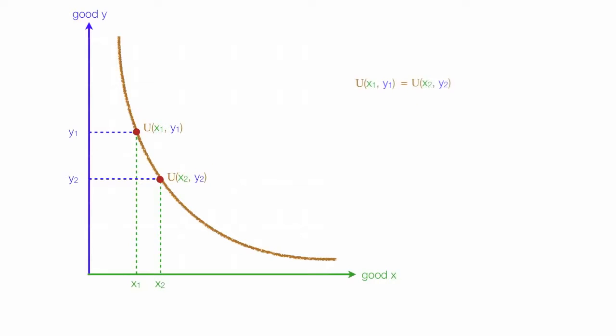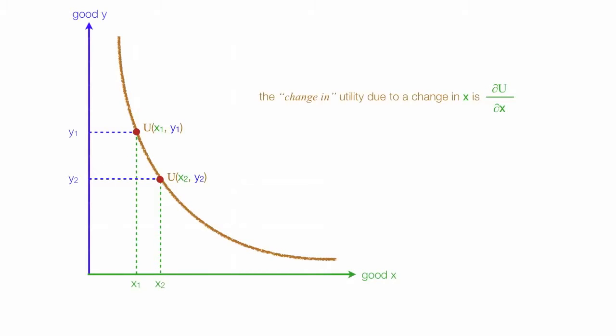Now I'm going to subtract the utility at point x2, y2 from both sides of the equation. This gives me the utility of the first point minus utility of the second point, which is equal to 0, which means that the change in utility is 0. The change in utility due to change in x, again, the little symbol there is a delta, means change in.